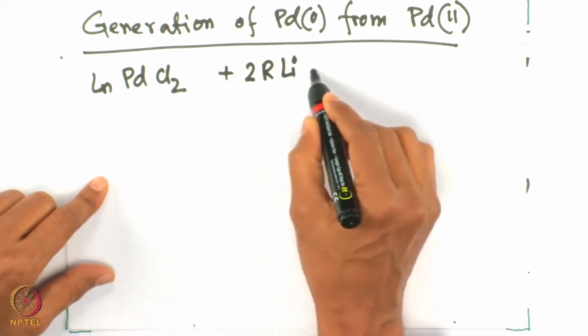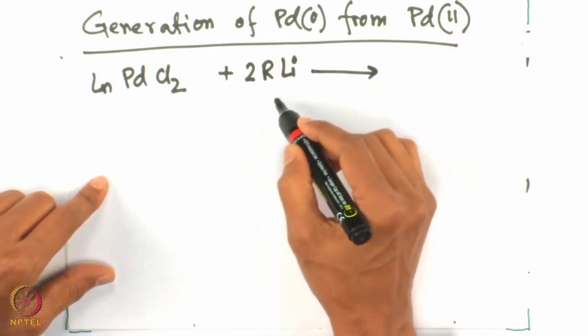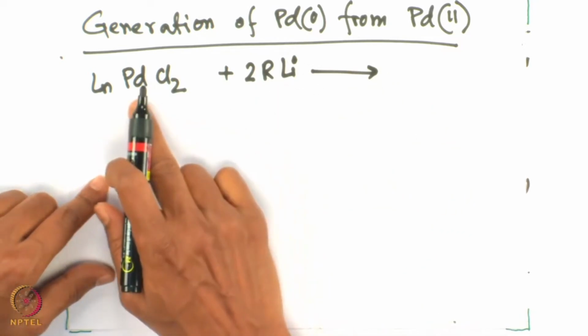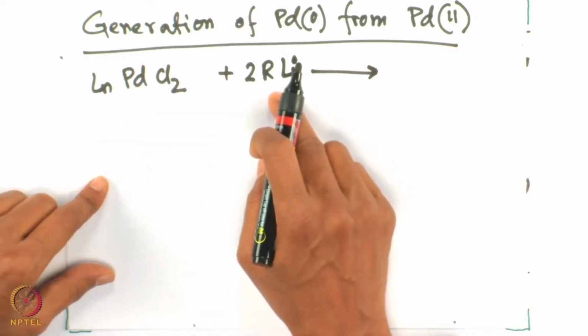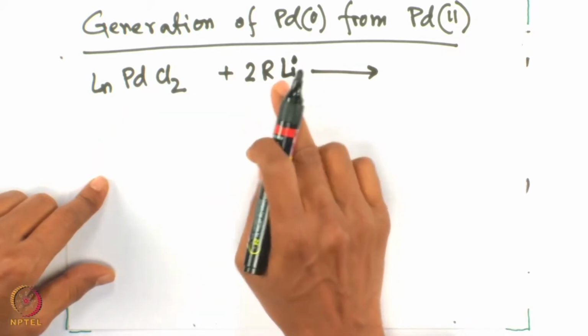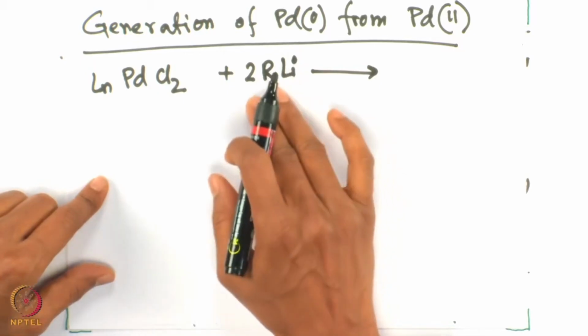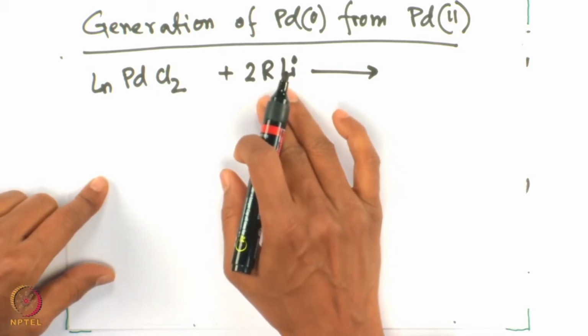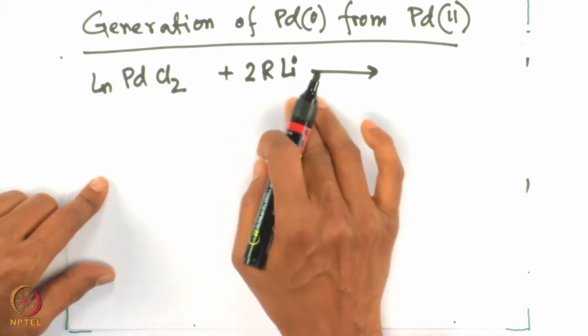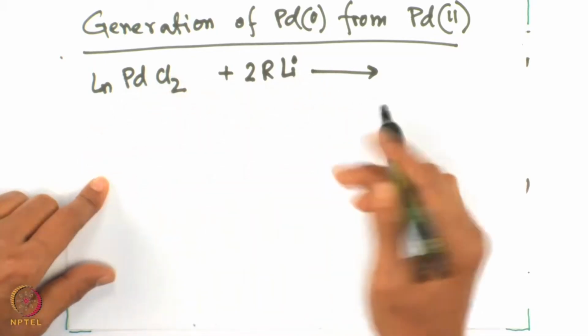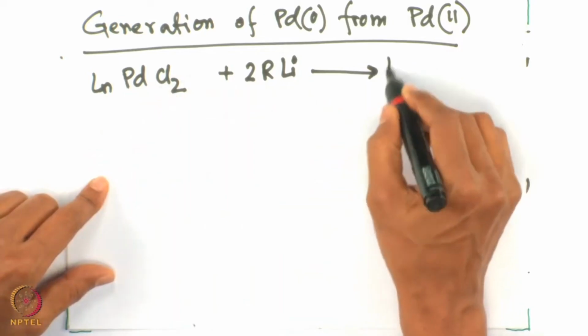So, what happens if you are doing the Kumada coupling with an organolithium reagent? If you are using, let us say, 5% palladium, then nearly 10% organolithium reagent will be required. This is where we see that a little bit of excess organolithium is used, let us say 1.1 equivalent, and that 0.1 equivalent will be utilized for palladium 2 to palladium 0 formation.